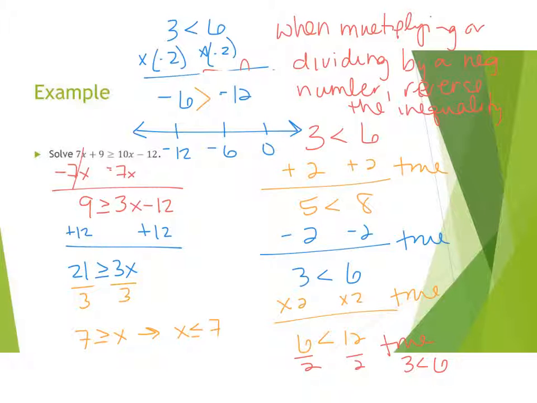So this is very important. This is your only rule that is different from solving an equation. So only when you multiply or divide by a negative, you reverse your inequality.